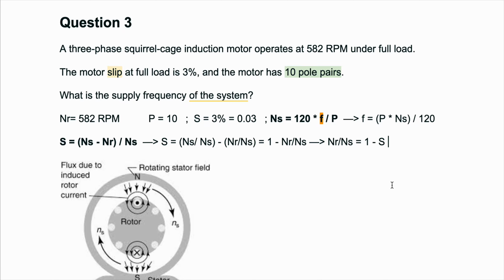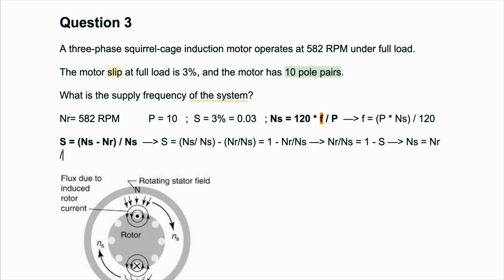And also we need NS under the division, so we can write it like this. Bring it to that side and bring this one to this side, so we can write NS equal to NR divided by 1 minus S. So this is the new equation.